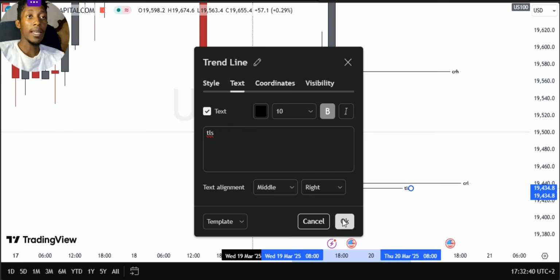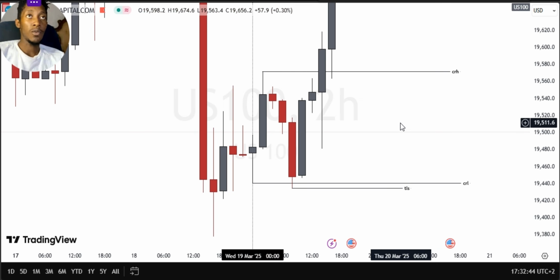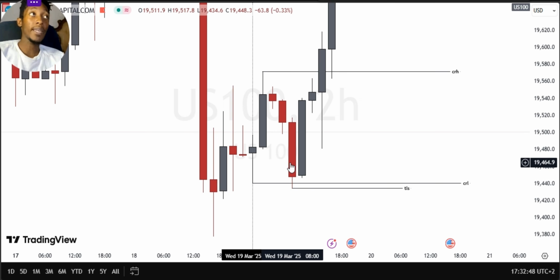So now you got your TLS, which is a liquidity sweep, and then the market pushes back into the zone, or into the range. And that's your Q. After this, you change from the 2 hour time frame to a 15-minute time frame. That's where you will find your entry.